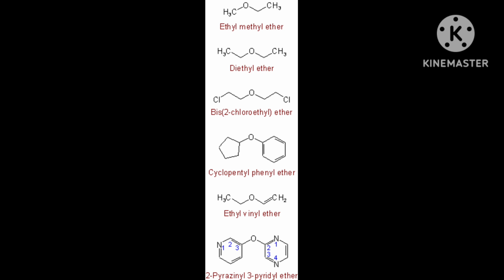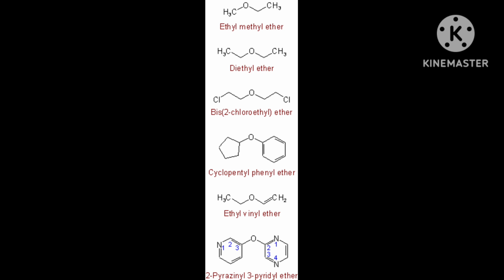Now what will be its IUPAC name? Now it is very easy: the CH3O, 2-methoxy, you have to consider that it is attaching to a long chain like propane. Then it will be 2-methoxy propane, because with carbon number 2 this CH3O group is attached.